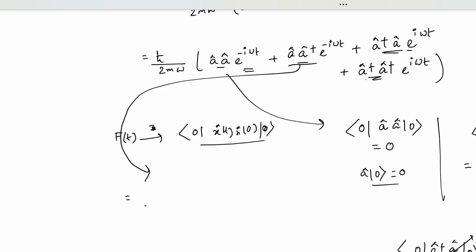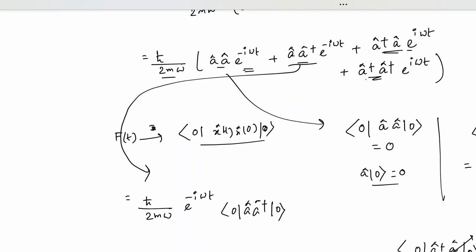So you finally have h cut by 2m omega, which is a constant prefactor anyway, and e to the power minus i omega t, also a constant prefactor, and then 0 a cap dagger 0, which is nothing but 1.